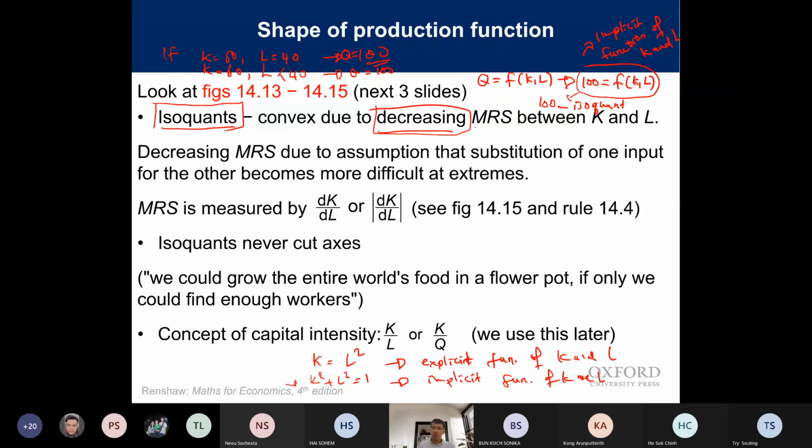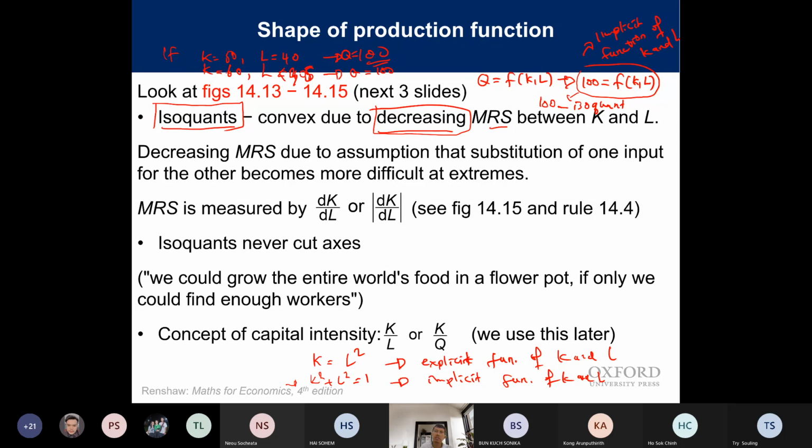So this means what we call the rate of substitution, the marginal rate of substitution. So just like, let's say if you increase K from 50 to 60, and then L will be decreased from 40 to, let's say, 35.